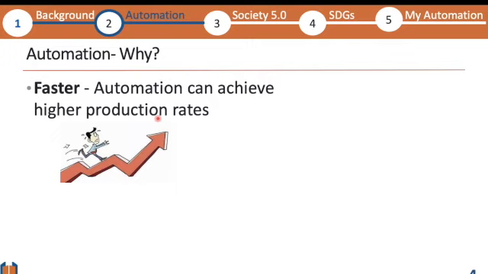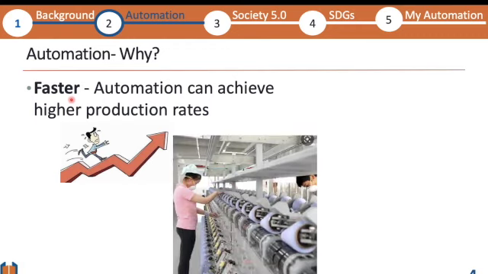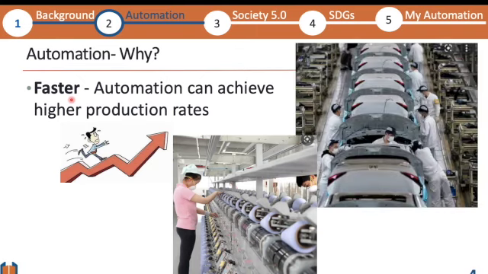First of all, I would like to say automation gives a higher production rate, that is, it makes production faster. Here is an example in industry: a production chain makes your production faster.